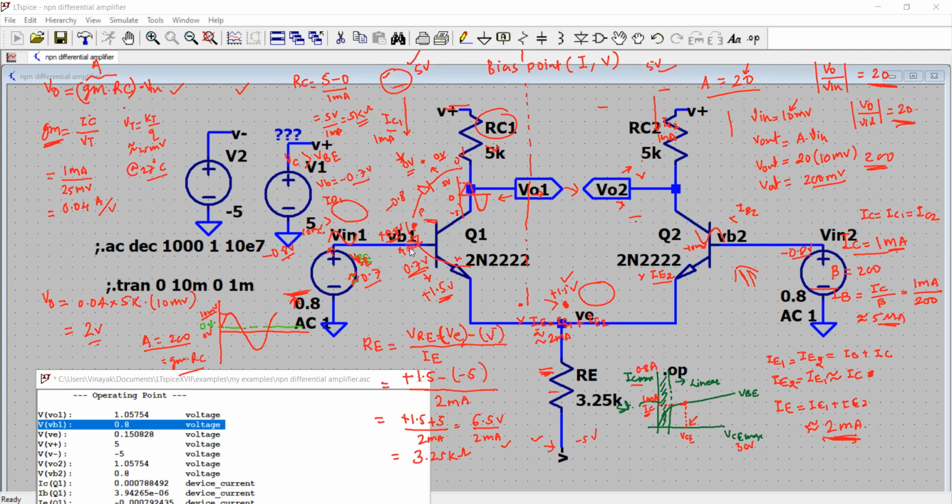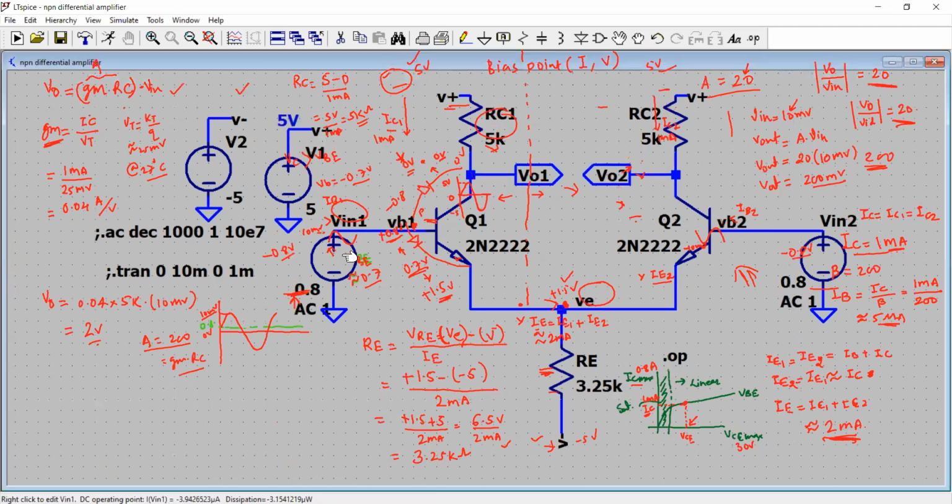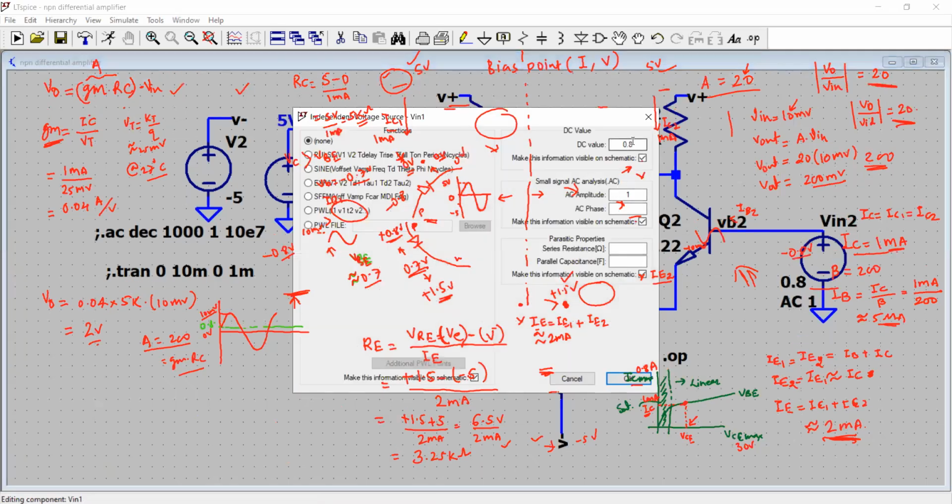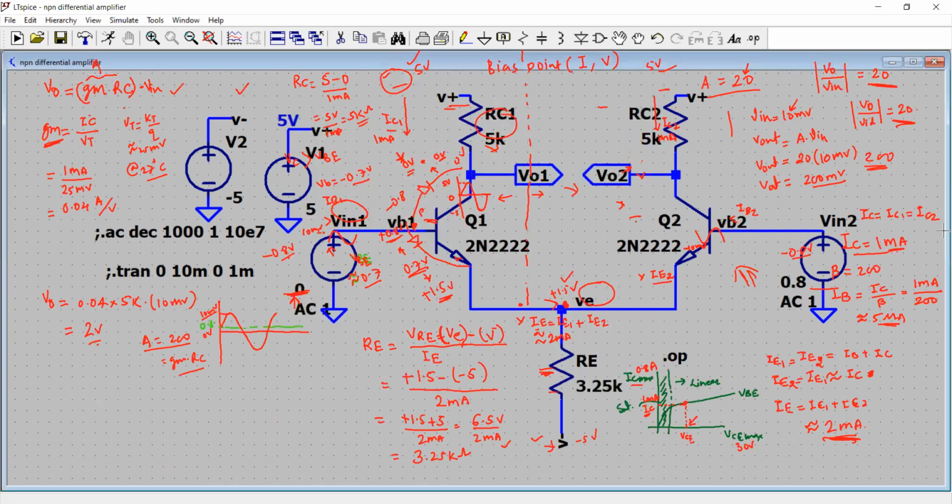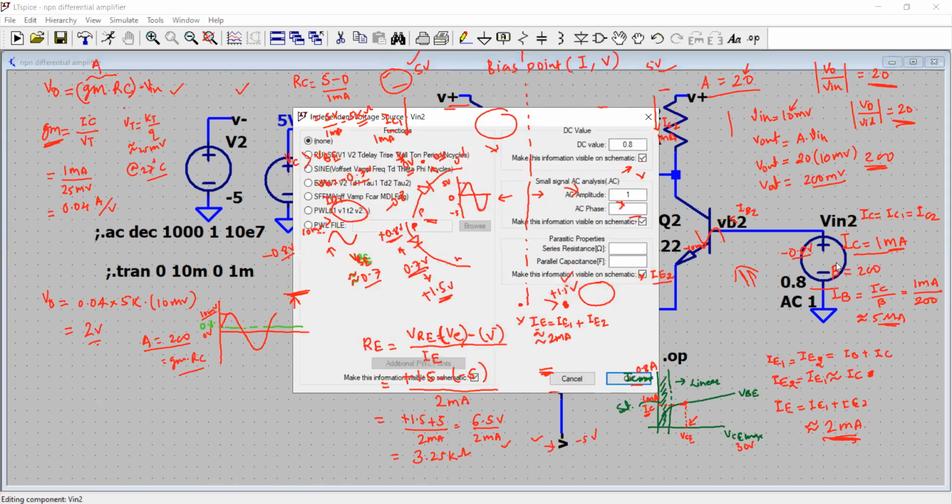So I have to adjust the level of the base here, for example. If it is 1 volt here, I need to adjust the base to be, for example, 0. If I set it to 0, that would be better. So let me set that to 0. Here it is 0, and here will also be 0.